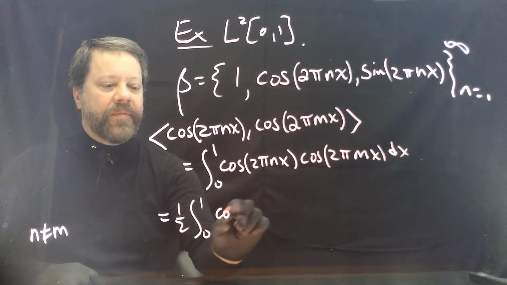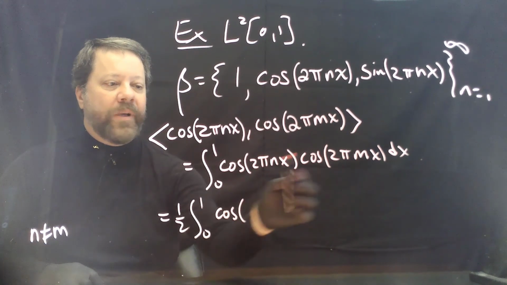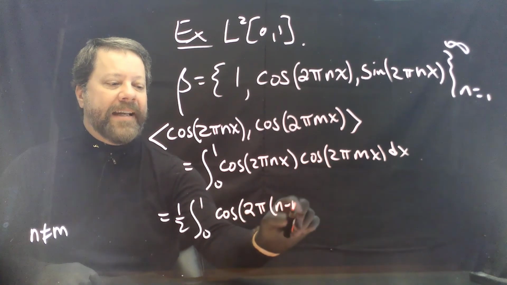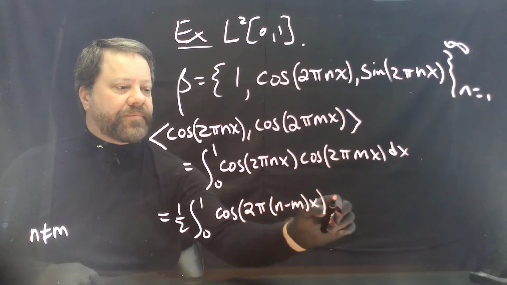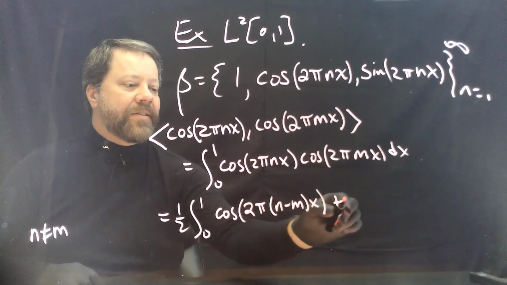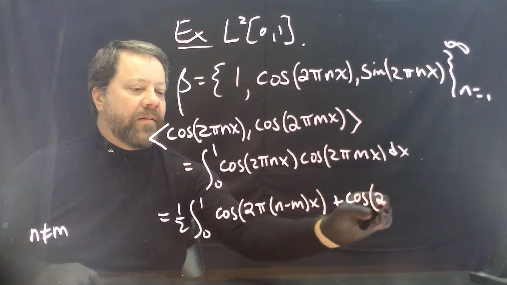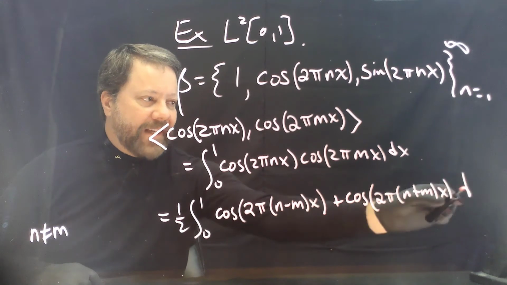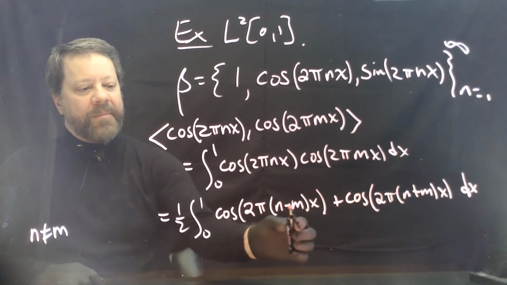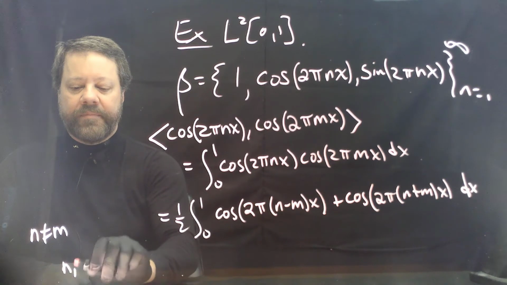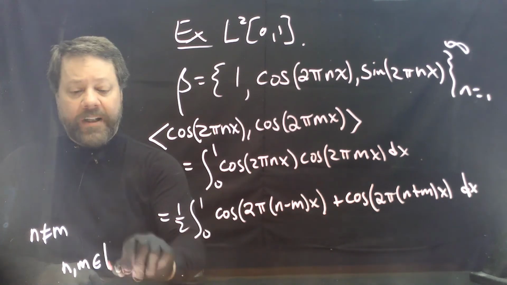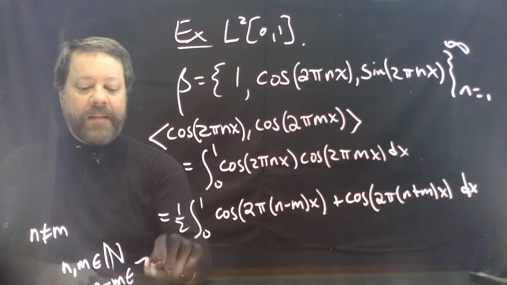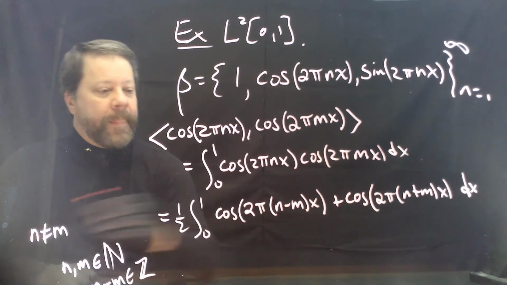First of all, when we subtract these two, we can factor out the 2 pi x. We'll have n minus m times x, and then it's going to be plus 2 pi n plus m times x. Keep in mind that n and m, we're assuming, are elements of the set of natural numbers, which means n minus m will be an element of the set of integers. It could be negative.